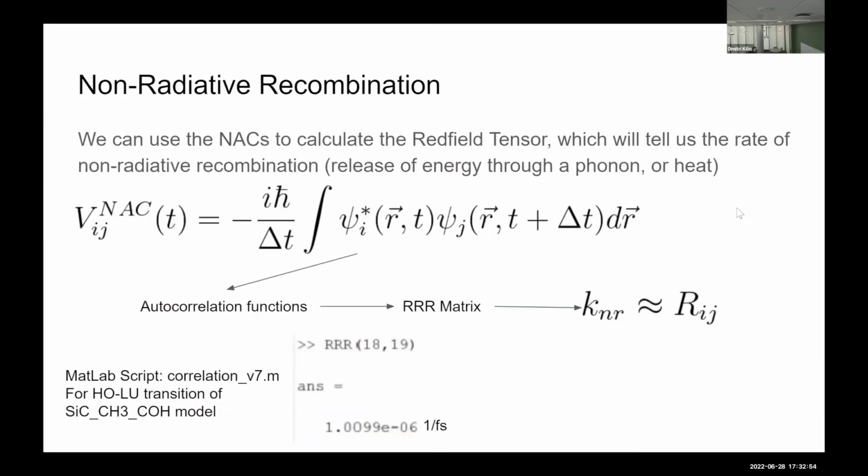The KNR, so the non-radiative, would be calculated through the non-adiabatic couplings that we were doing, calculated on the Redfield tensor, and then just looking at the indices of that matrix, that would tell you the rate between those two states.